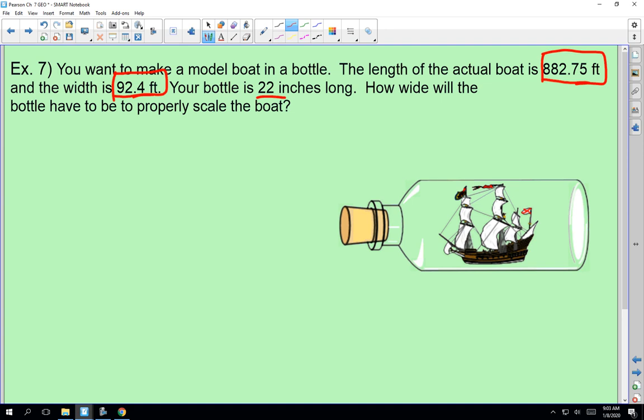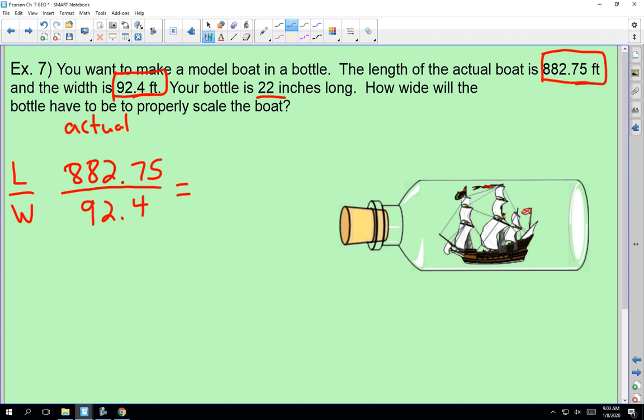So when you set up a proportion here, here's how it works. There's different ways to set it up, but if I want to take the 2 values I boxed, those are the actual values, 882.75 feet over 92.4 feet. That's length over width, and this is the actual. Now we're going to set that equal to the model.